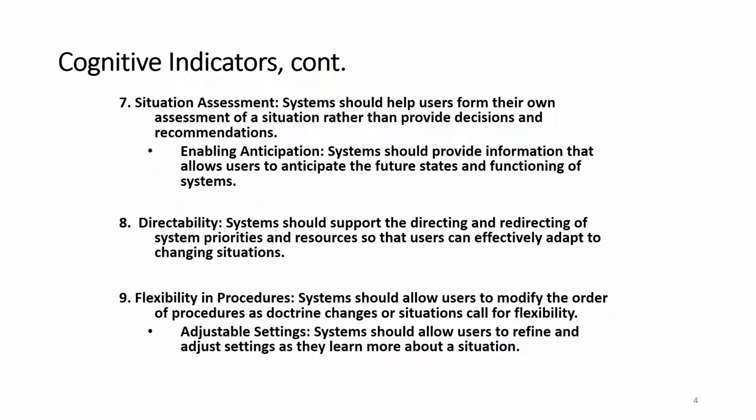So we got our last three indicators. I don't think I really want to spend a lot of time on directability or situation assessment. I just want to touch on flexibility procedures, number 9 here. Flexibility procedures is essentially building some flexibility into your system. If you're a system developer, make your system flexible enough to accommodate different levels of expertise and different settings.